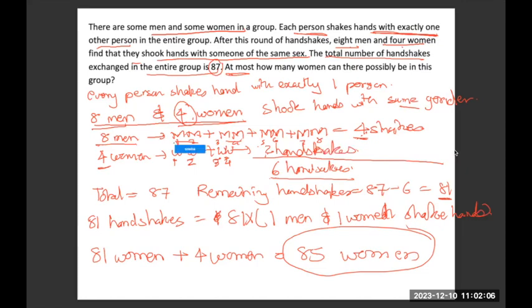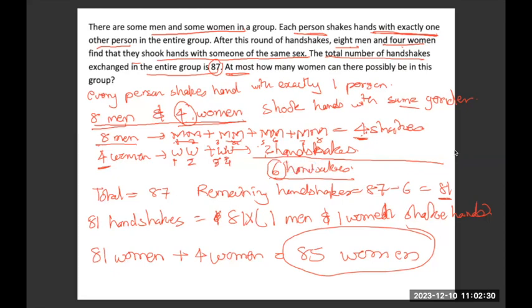Men 1 and 2 shake hands once, men 3 and 4 once, men 5 and 6 once, and men 7 and 8 once. So the total is 4 handshakes. Likewise, for 4 women there will be 2 handshakes. So 4 plus 2 is 6 total handshakes done by the same gender.